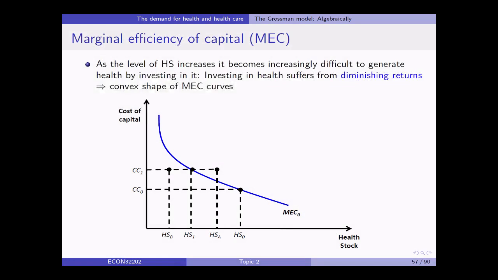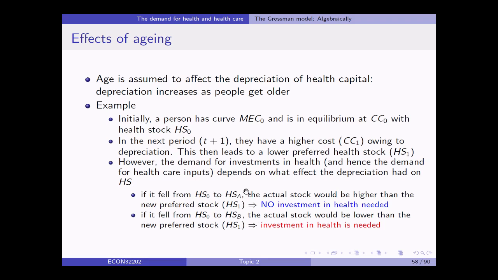So initially they have this cost of capital here, but then as they get older, in the next period it becomes more expensive. So you need to invest more, but the cost of capital also increases. So then basically, because this happens naturally, becomes more expensive, depreciation rates get higher, naturally people's health stock reduces in the next period.